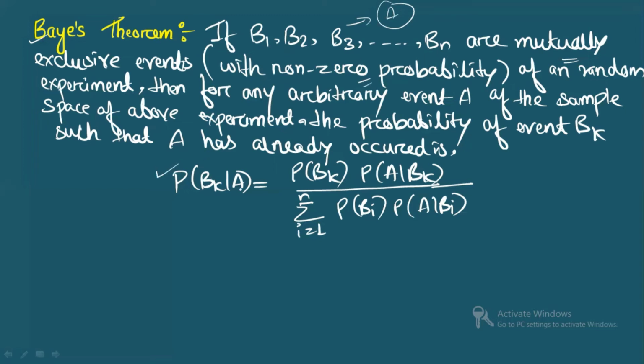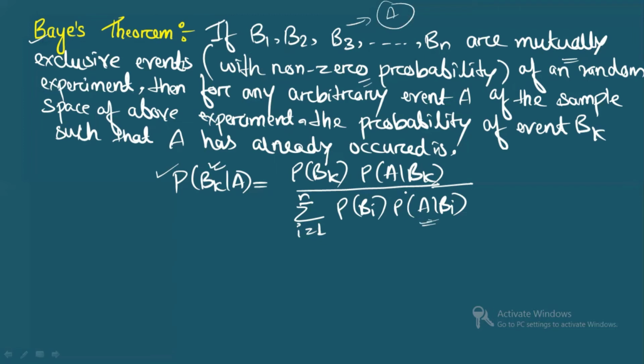So probability of Bk given A, that means you need to find the probability of Bk such that A has occurred. So this is the probability of Bk into probability of A such that Bk has already occurred, and in the denominator the summation i equals 1 to n of probability of Bi into probability of the occurrence of A such that Bi has already occurred. This is what these terms are representing.